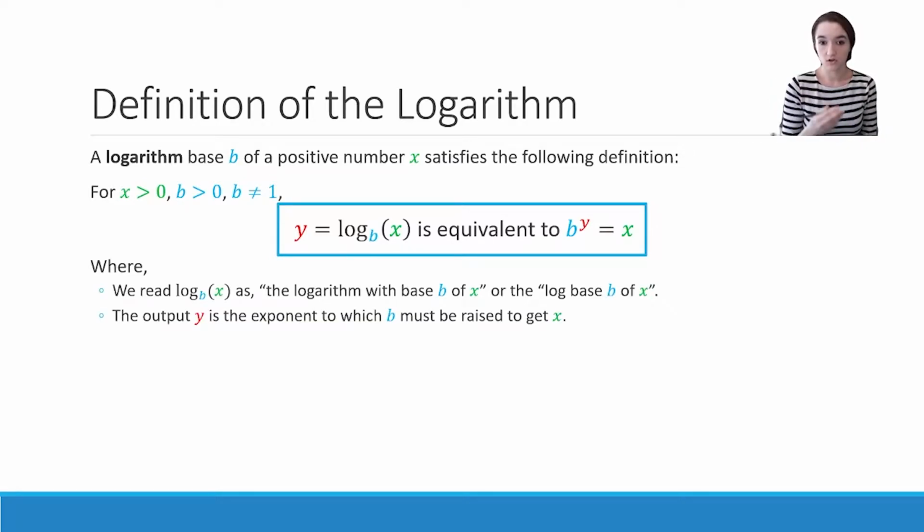So we read log with the subscript b of x as the logarithm with base b of x, or just log base b of x. The output y is the exponent to which b must be raised to get x. That's how we evaluate a log.